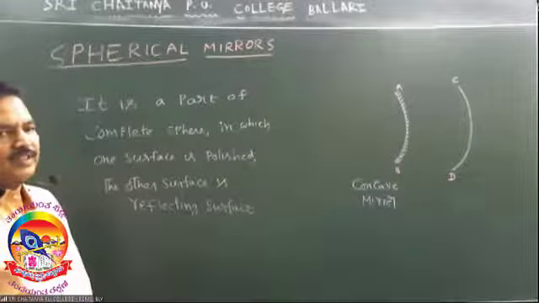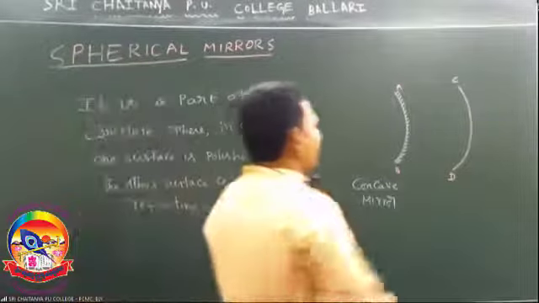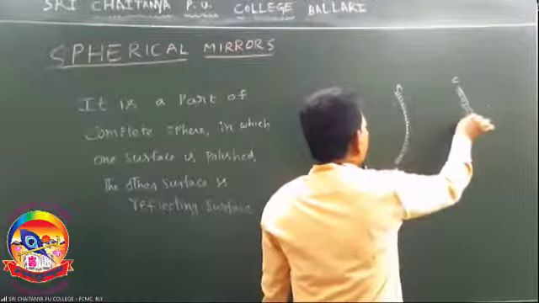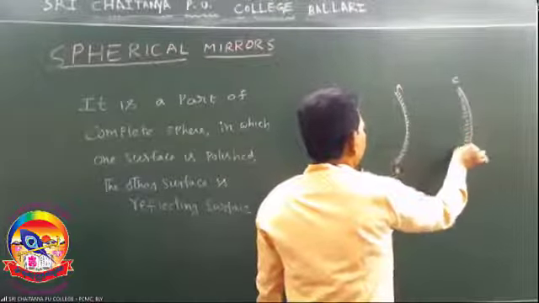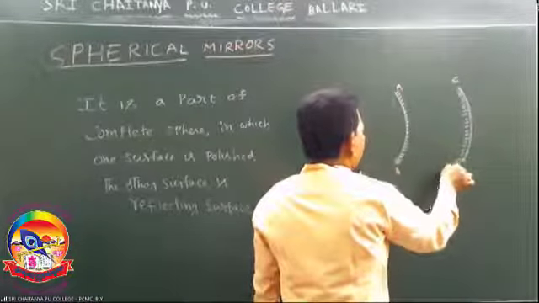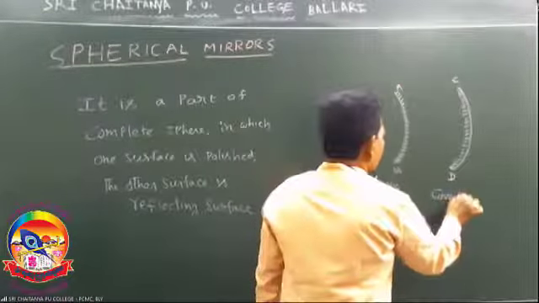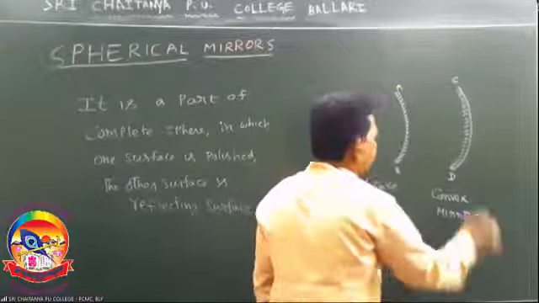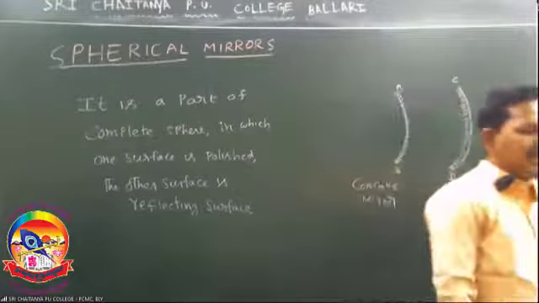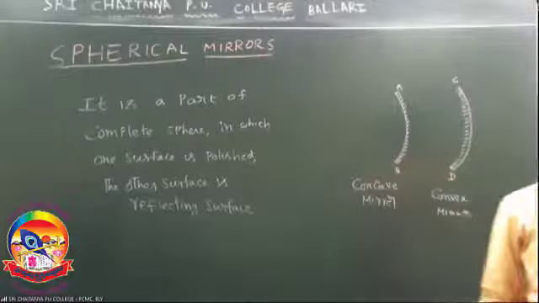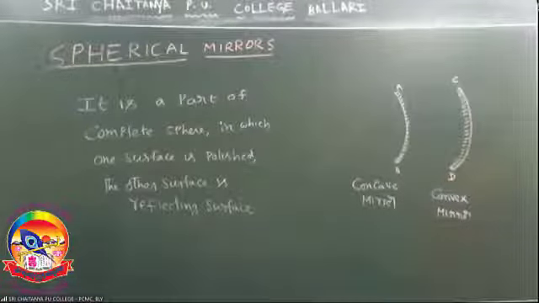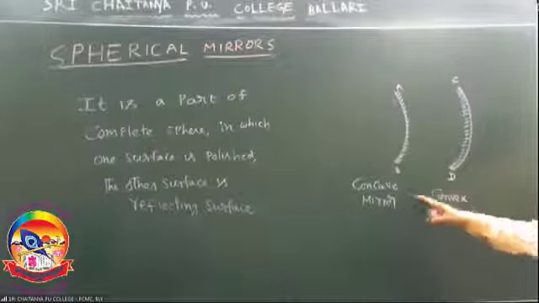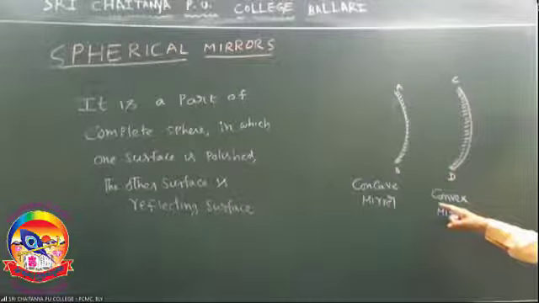If I polish the inner surface, the surface which is towards the center, and the other surface is the reflecting surface, then that is the convex mirror. So the spherical mirror is once again divided into two parts. One is called the concave mirror, the other is called the convex mirror.